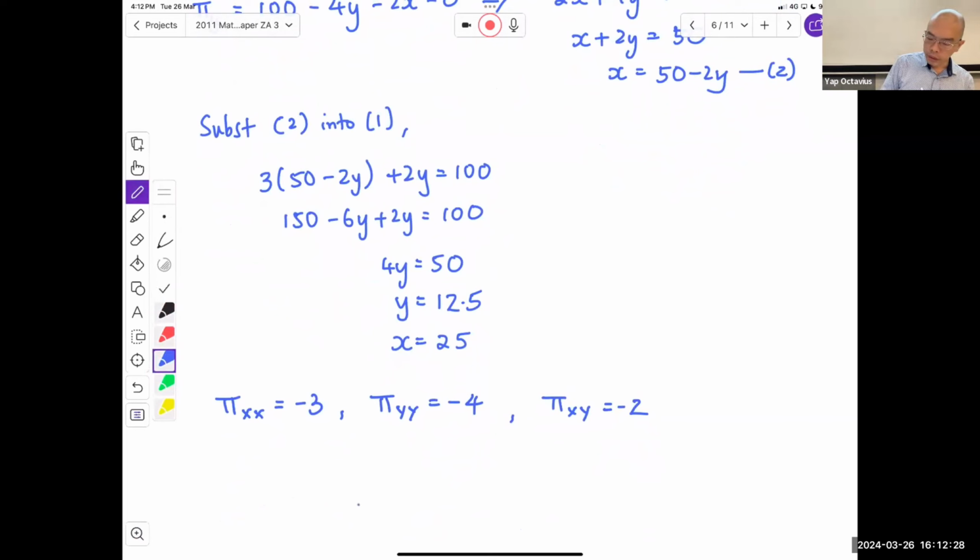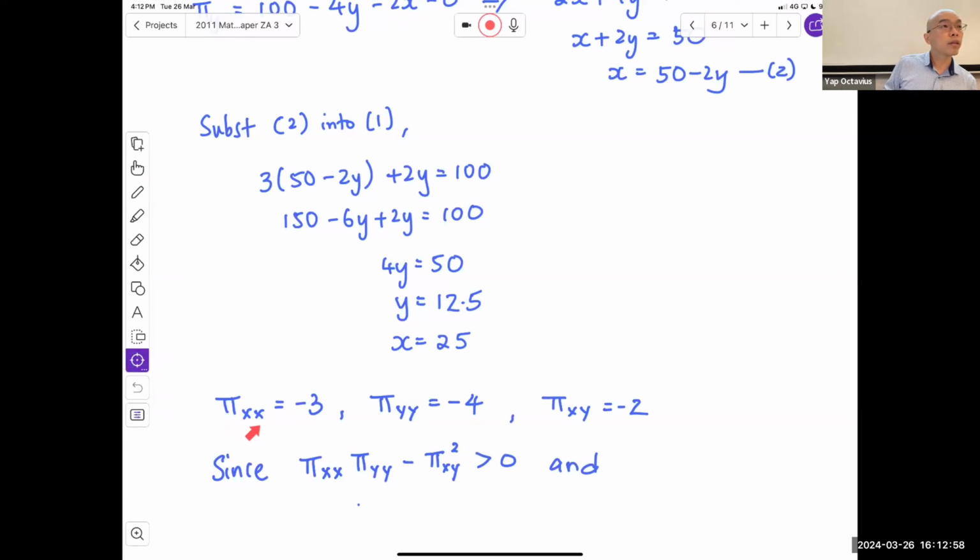Let's see, positive. Okay, so since now this value, right? This is your Hessian. Is positive or negative? Positive. Okay. Once it's positive, you have to check this one. This pi xx is less than 0.